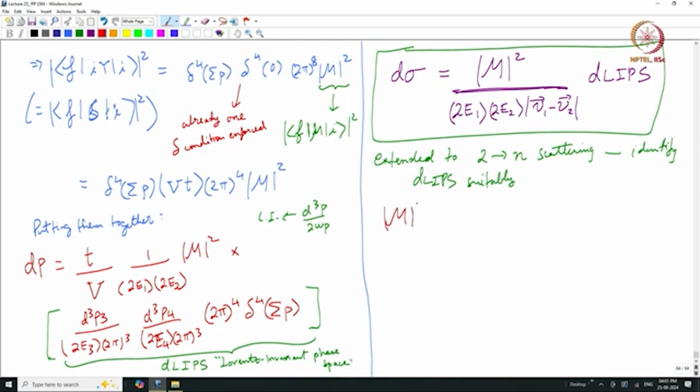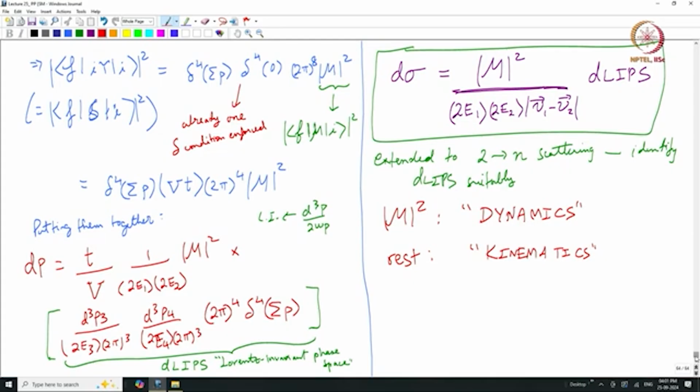This M squared bit is what encodes the dynamics in the problem, and then the rest of the terms encode the kinematics of the problem. So what do I mean by this? When we say kinematics, we are talking about energies and momenta and velocities and so on, and conservation of these in certain contexts, etc.